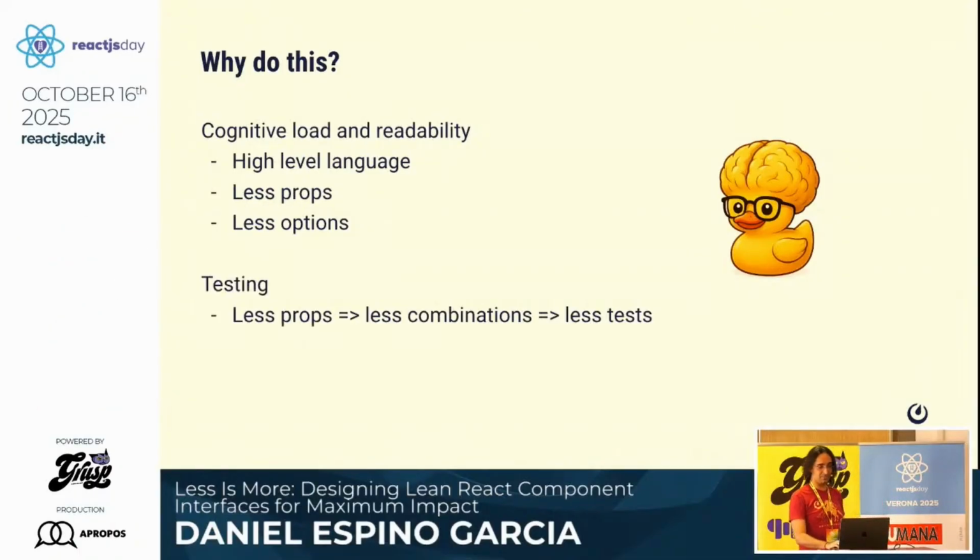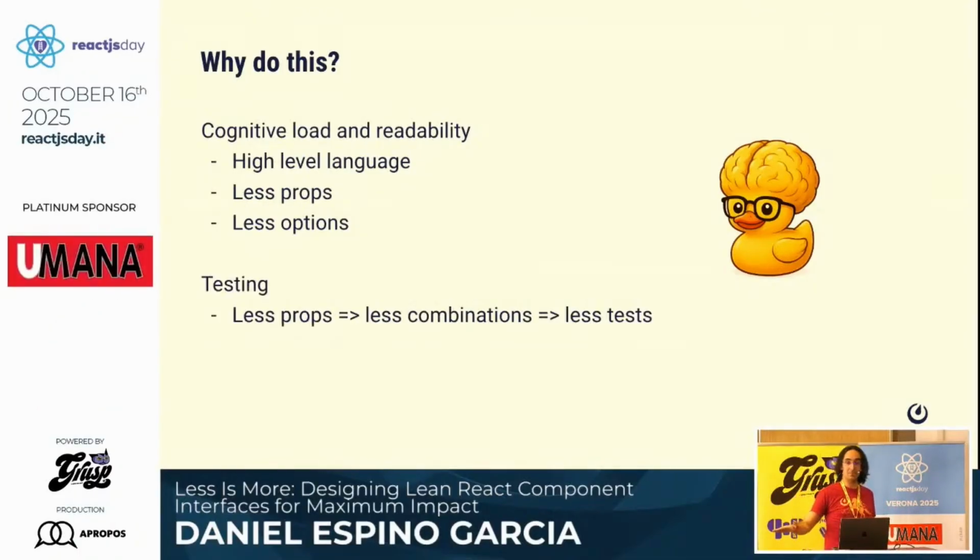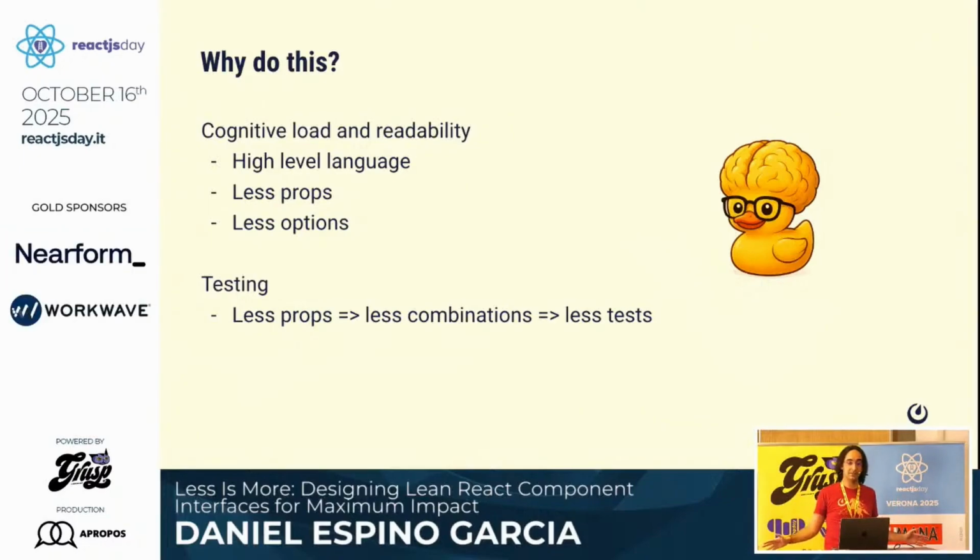And so around testing, the fewer props we have, the fewer combinations we have to test. So the fewer tests we have to build. So everyone is happy because nobody likes to write tests.